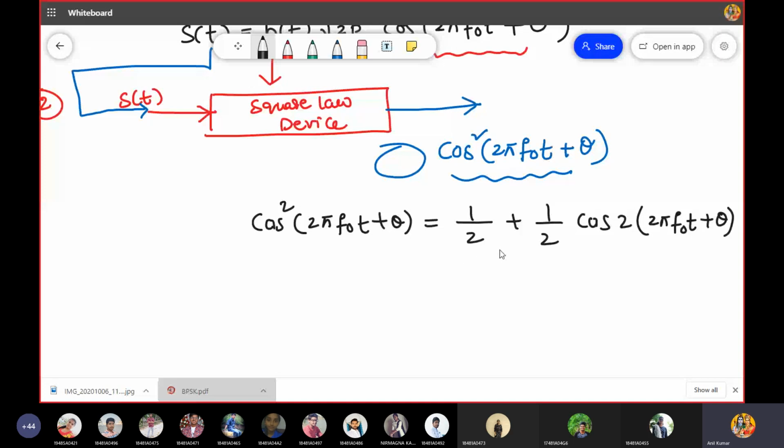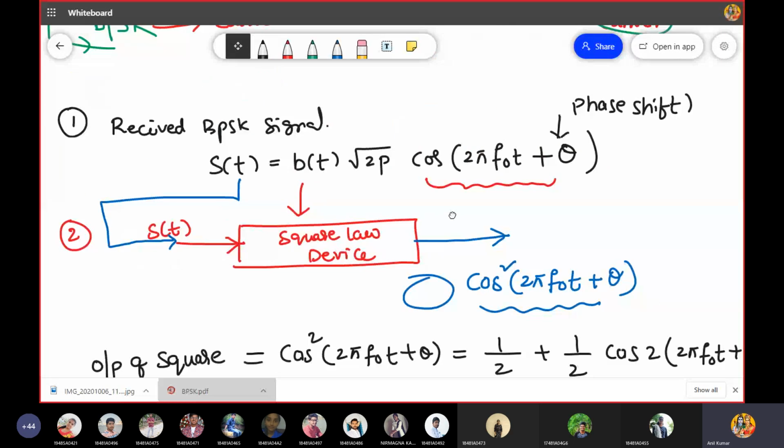Cos square theta can be written as 1 plus cos 2 theta divided by 2. So this will be the output of the square law device. Now, the output of the square law device is given to which one?